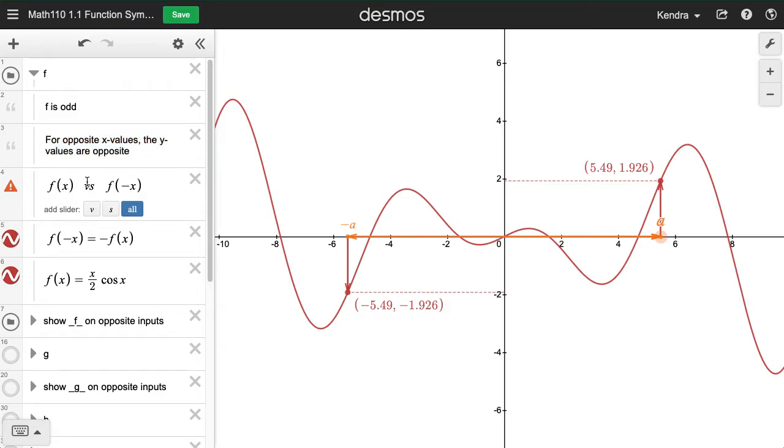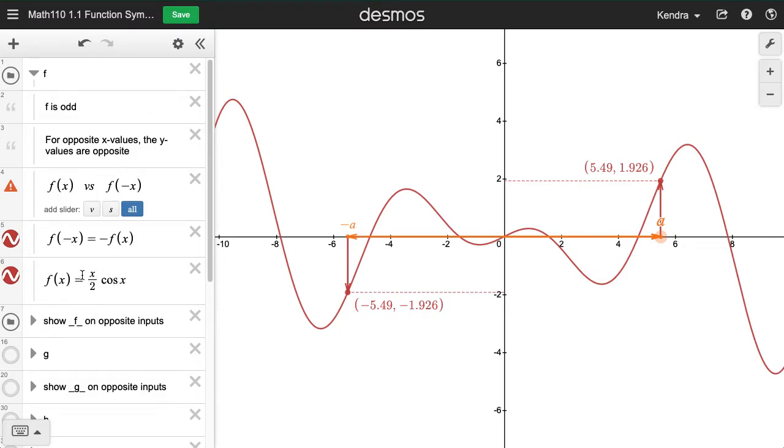This is not a calculation, just a little note. What happens to the output on x versus the output on the opposite of x? The answer is the opposite: f on -x is the negative of f on x. This is the definition of the function here.